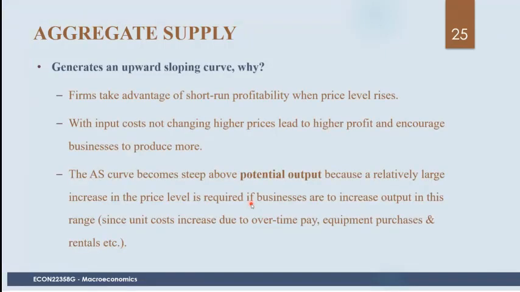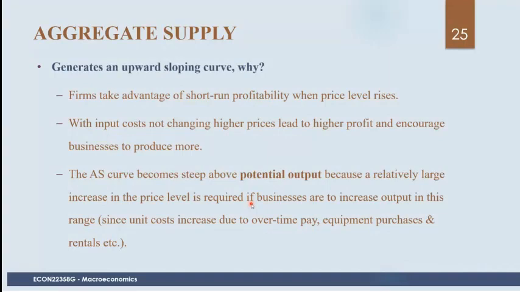And again, as I mentioned before, it becomes steep above potential output. The best way to think about it is if you had an increase in demand, for some reason, maybe increasing government spending or a tax cut, and the economy is already producing at its potential, then you're just going to cause prices to increase. I mean, firms could respond to the increase in demand by maybe running their factory 24 hours or having workers work long hours, but it's not exactly something sustainable for a very long time.